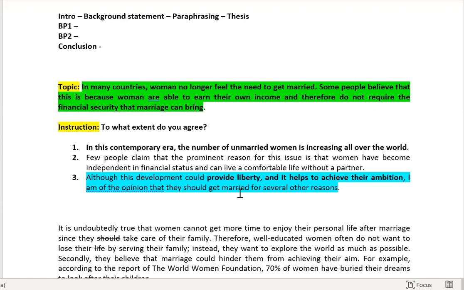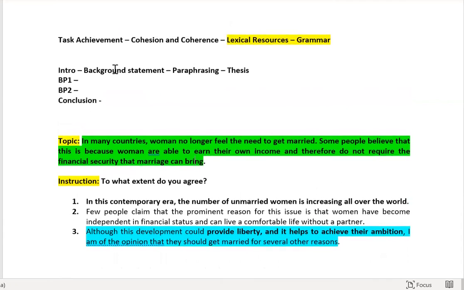So it is out of track, I guess. If someone goes off track in the beginning, the examiner will think this student did not understand the question completely. That's one of my points that I want you to understand: be right on the topic only. This is task achievement. Whenever you write in future and send me your essays, you have to be very careful about it.